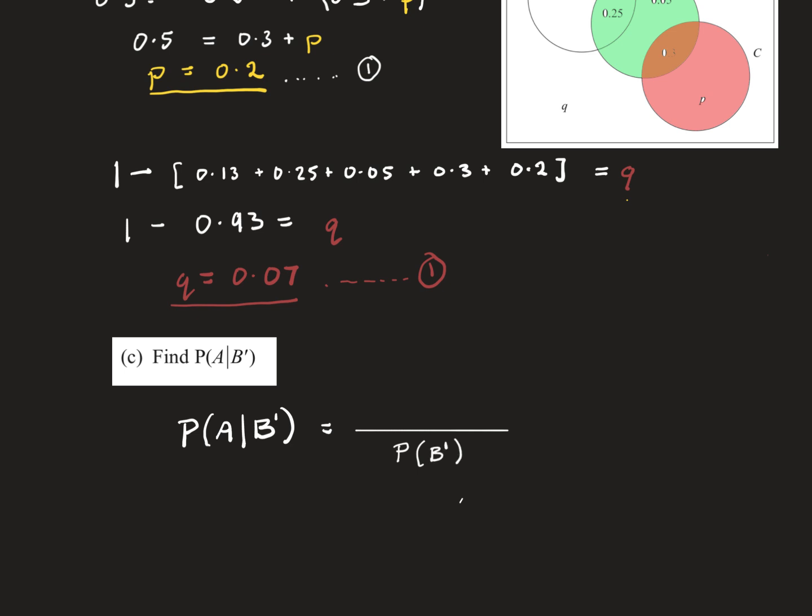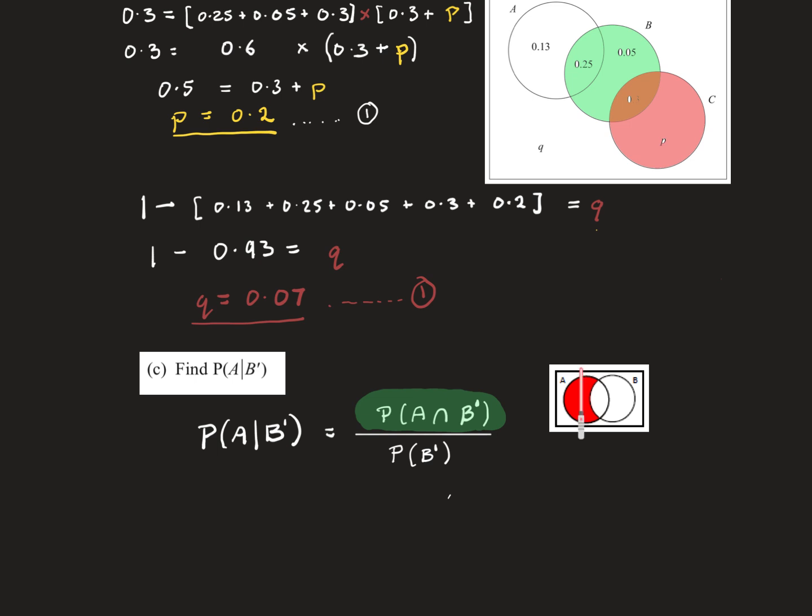And now we need to find the probability where A intersects with B complement. Let's examine the numerator where it says probability of A intersection B complement. You should know where that section is without doing all the shading.